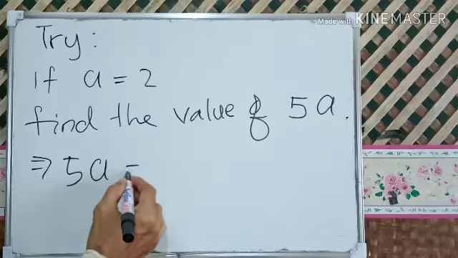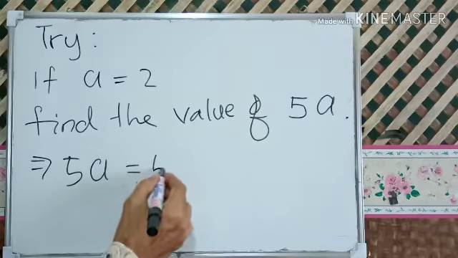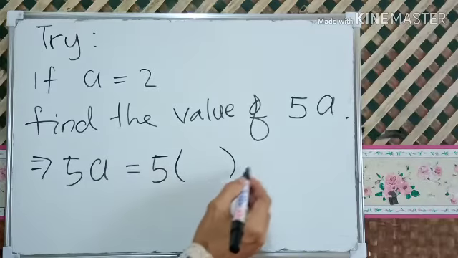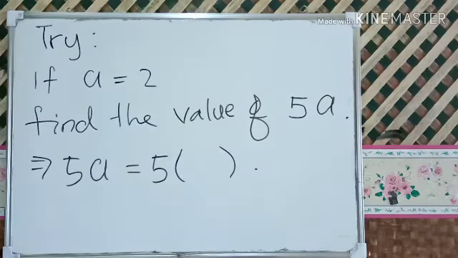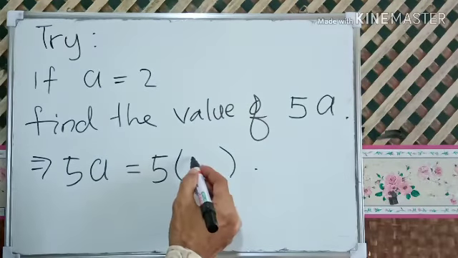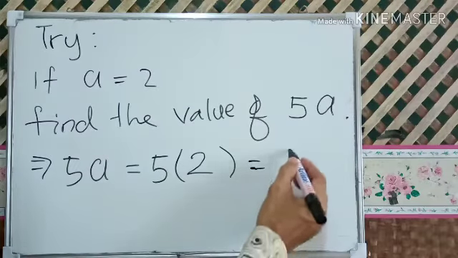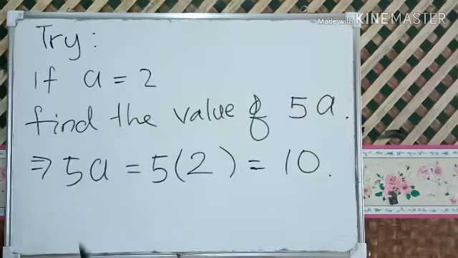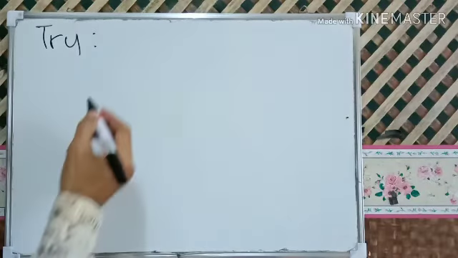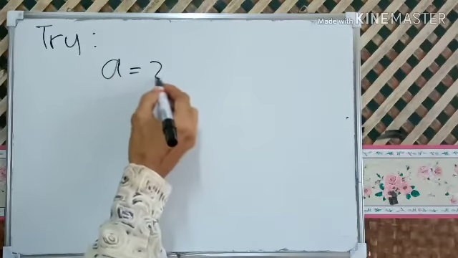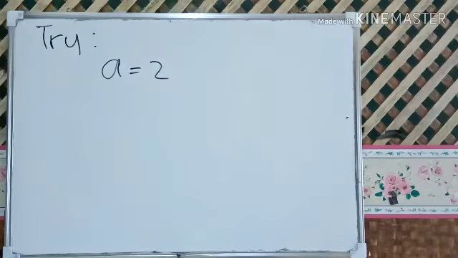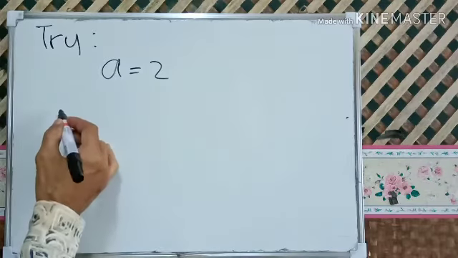A is equal to 2, so 5a is 5 and a bracket. What is the value in the bracket? 2. 2 is the value, and we multiply, we got 10 as the value of 5a. Now, what is the value of y if y is 6a?